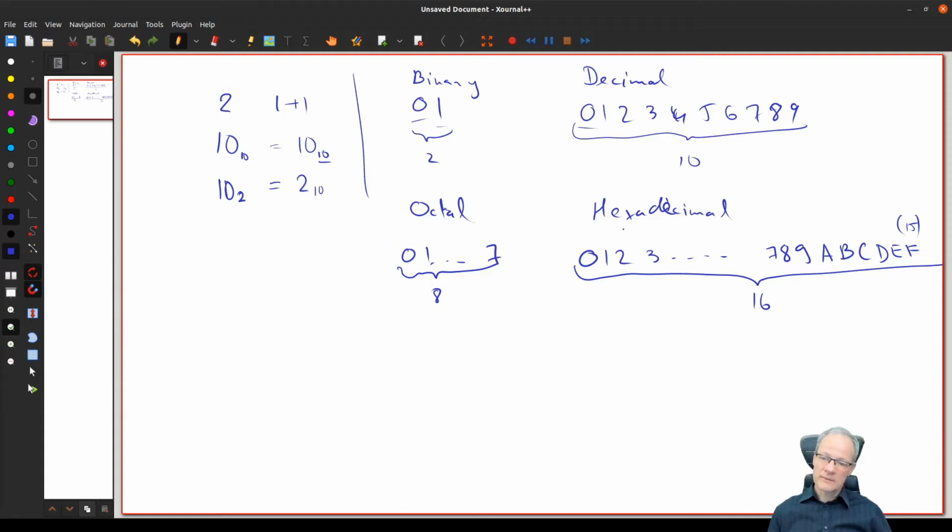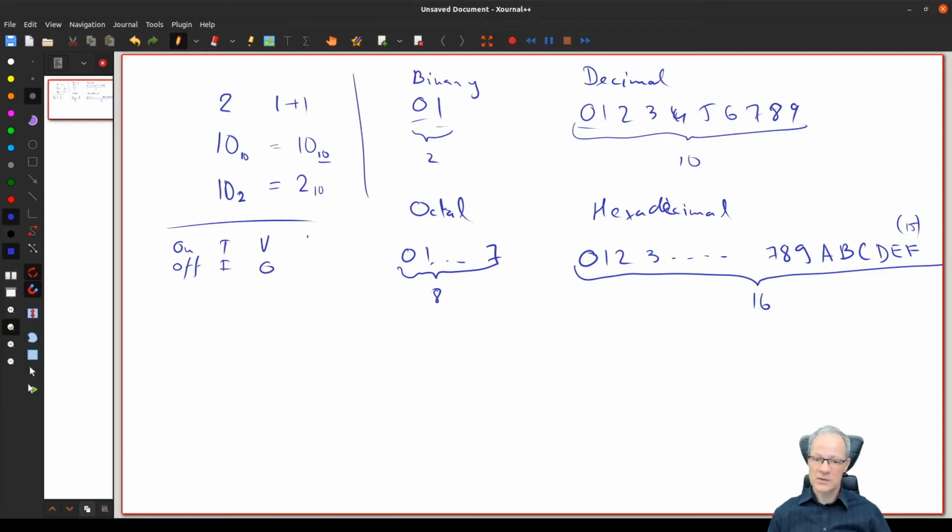Now, why would we do that? If we think about modern computers, it's much easier for them to calculate things, to process data if we represent the data as on or off. Right, so it's like true or false, or there is some sort of voltage, or there is 0 volts.